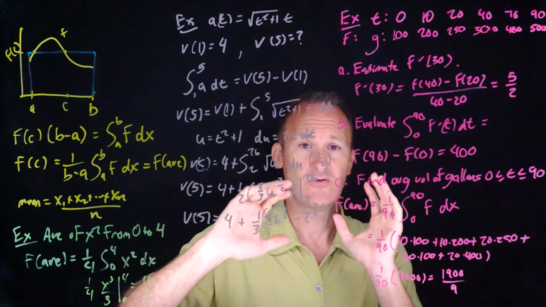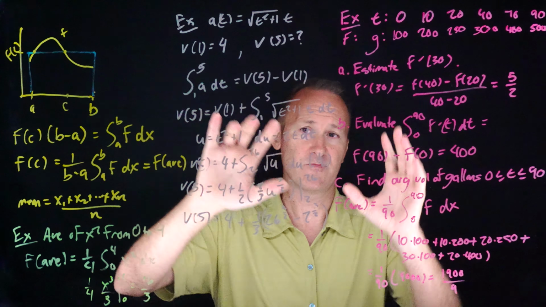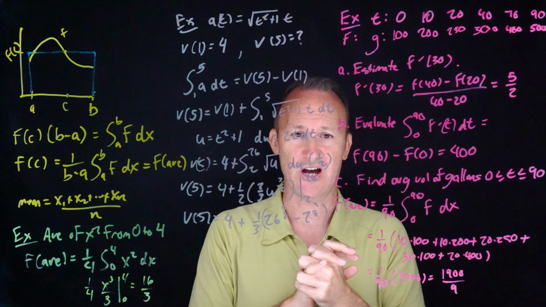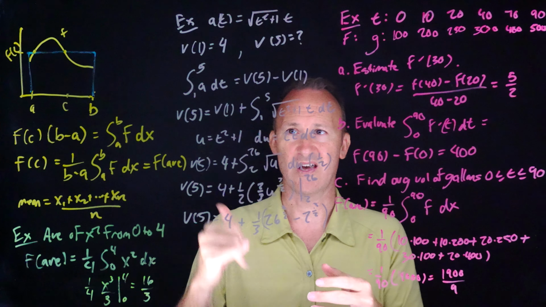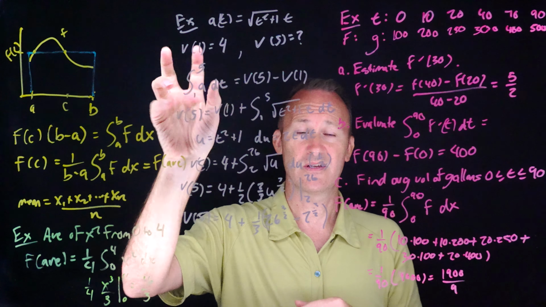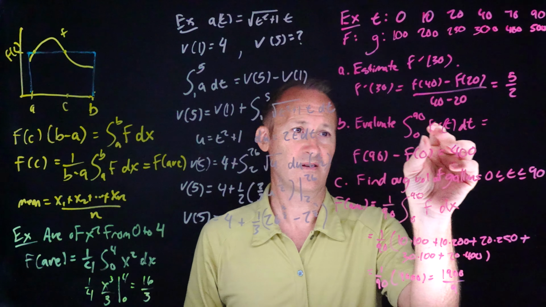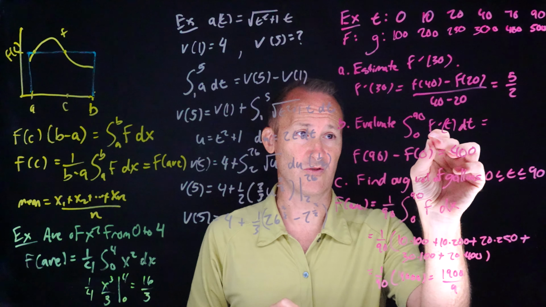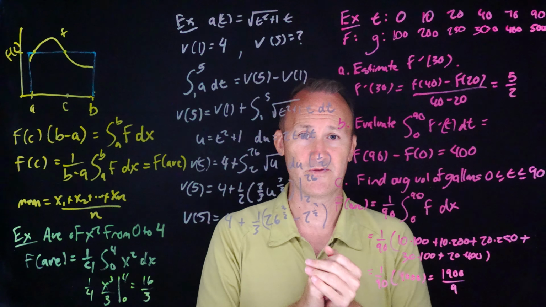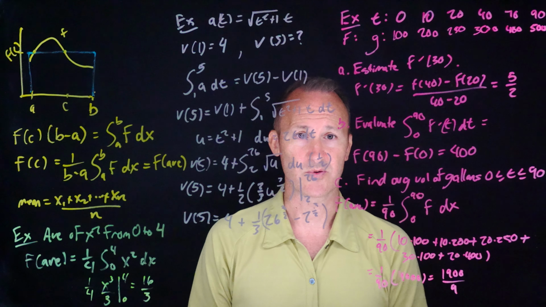If you're ever looking for the net change because you only have one of the endpoints, you can do that here. These are also using the fundamental theorem of calculus, which states that the integral is an antiderivative. So the integral of acceleration is velocity. If you have the integral of a derivative, its antiderivative is the function itself, and you only need to look at the endpoints in these particular cases.